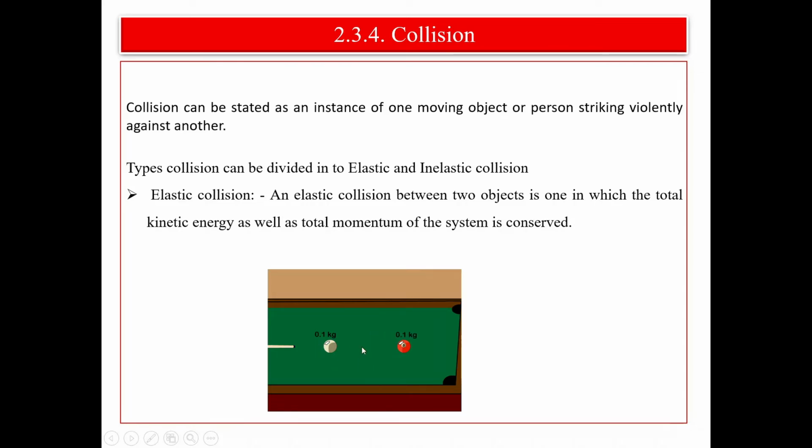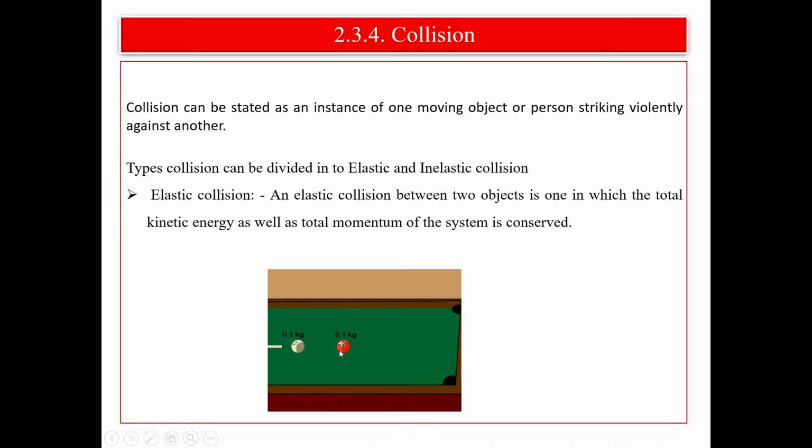This is considered an elastic collision if the energy is not lost in the form of heat, sound, or deformation. Whenever you calculate the momentum and the kinetic energy, the initial kinetic energy and the final kinetic energy will be the same for elastic collision.